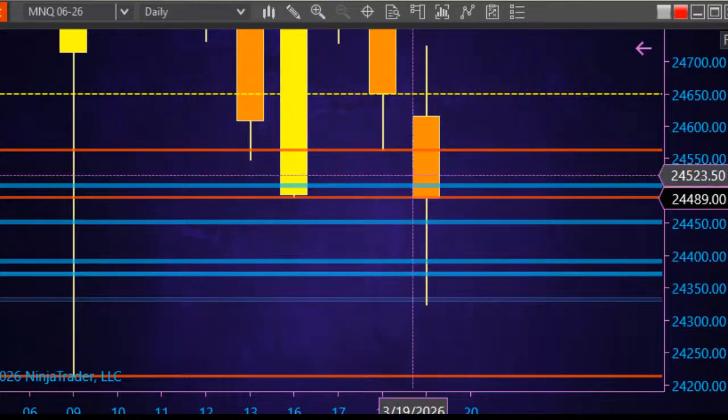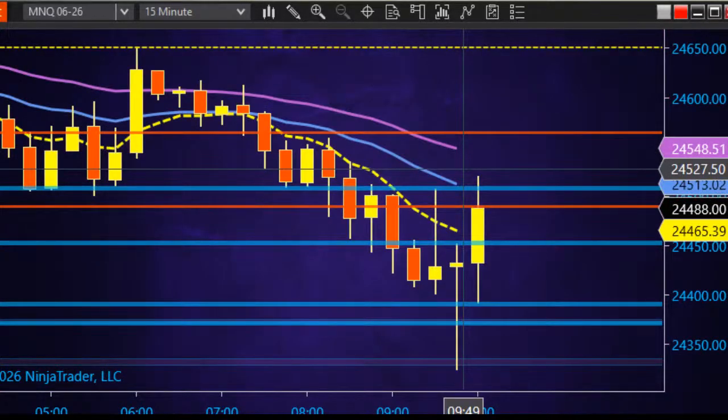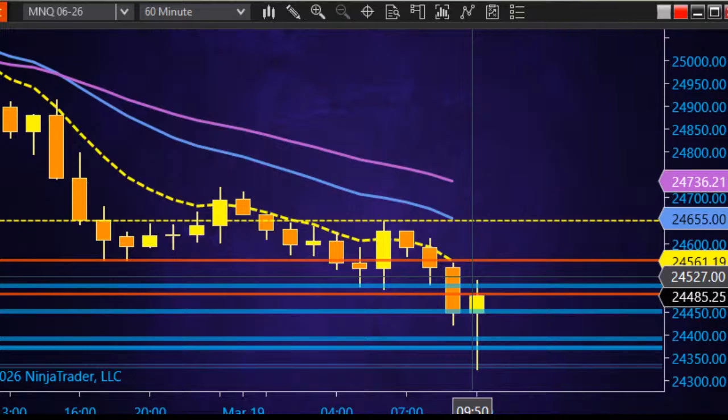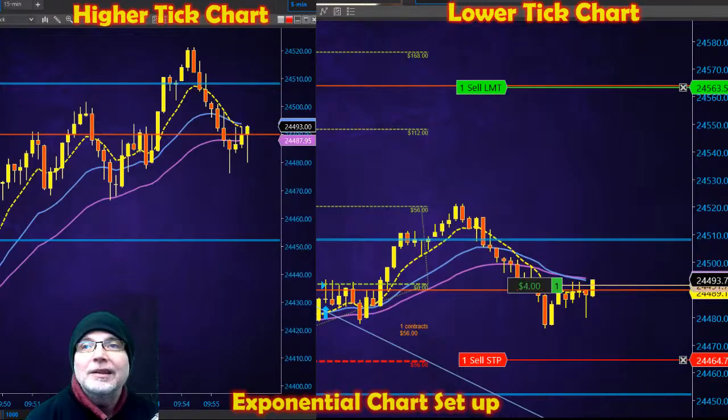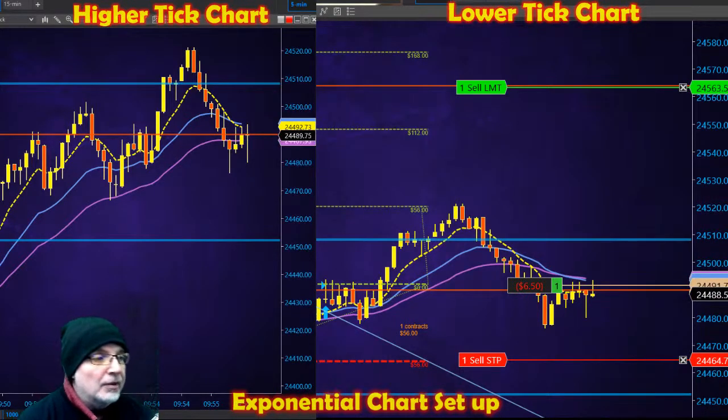And if we have long pin tails on the 15 and the hour, to me, the candles themselves are bullish. So I tell you, getting synced with the market can be very difficult. Just syncing with it, you're not synced with it.